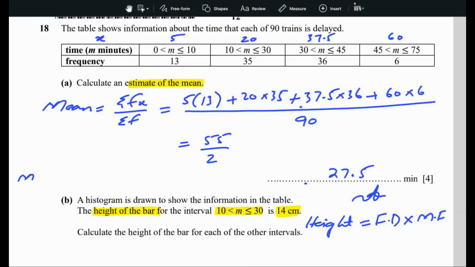Basically this MF is multiplying factor.